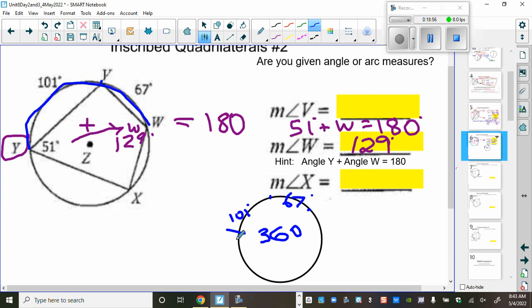What would be helpful is how much is remaining. Can we figure out how many degrees is remaining in this circle? That's going to be the key step, because if we get this step, you're going to get the other two. You'll get V and X without any problems.